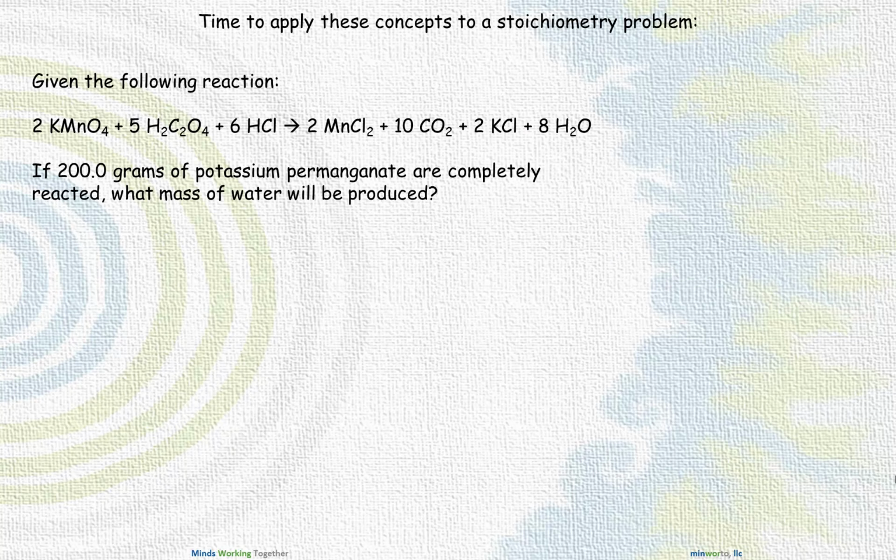Now it's time to apply these concepts to a stoichiometry problem. Given the following reaction, which you see in front of you, if 200 grams of potassium permanganate, that would be the first reactant that you see, are completely reacted, what mass of water would be produced? Water is the last product in this equation.